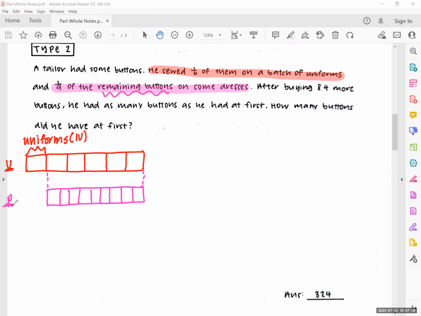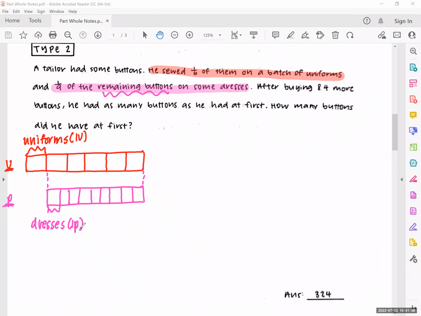So I'm very clear that all the ones in pink are parts, and one of them is for the dresses, and I put bracket 1 part. I'm very clear on that. Okay, so right now we're going to do all your color coding and do your model drawing before we continue to the next confusing part.